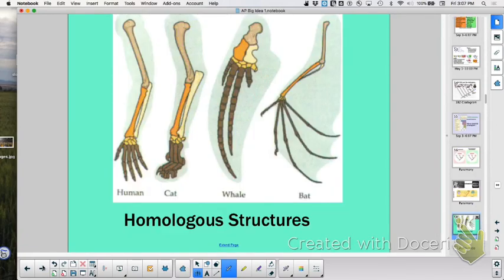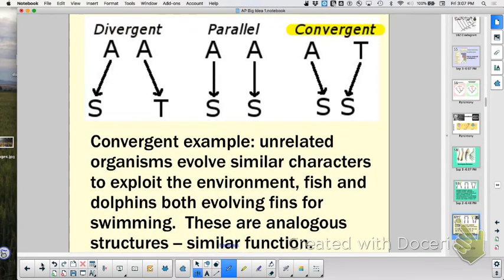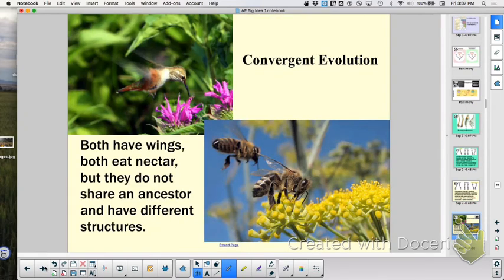Homologous structures, we talked about that already. We talked about divergent evolution. You have one ancestor, a common ancestor, and you end up from that forming two different species. Convergent evolution, you end up in the same place. You do not probably have a common ancestor, but you ended up there because you're dealing with your environment in the same way.